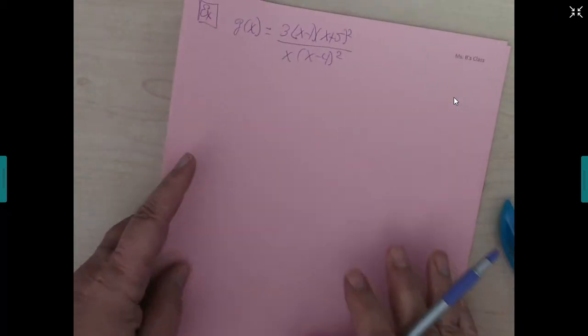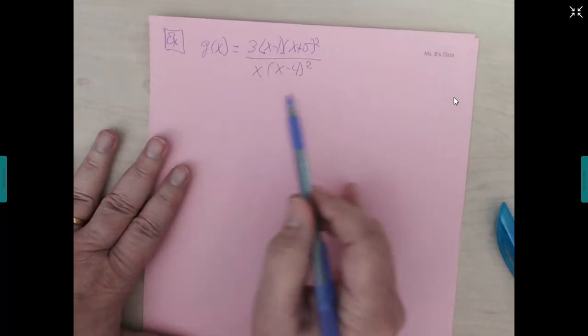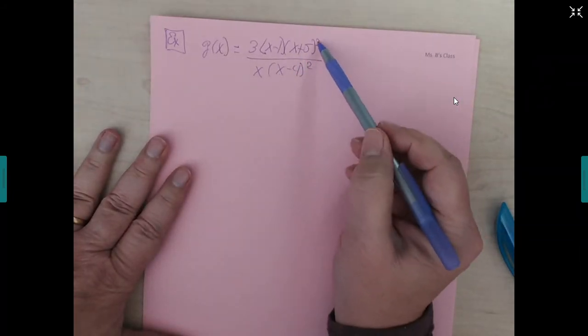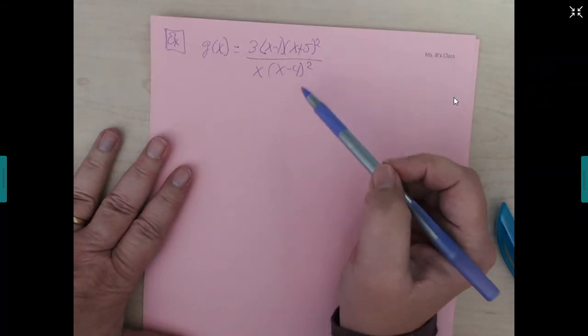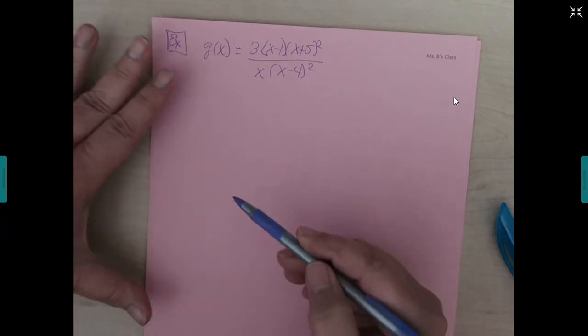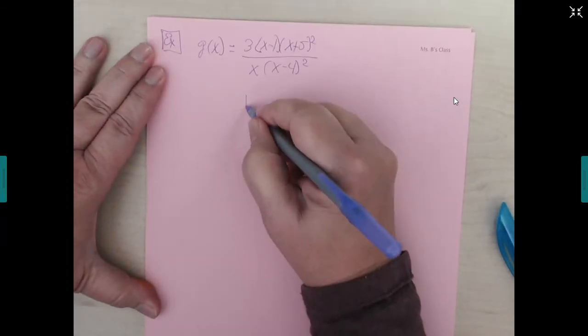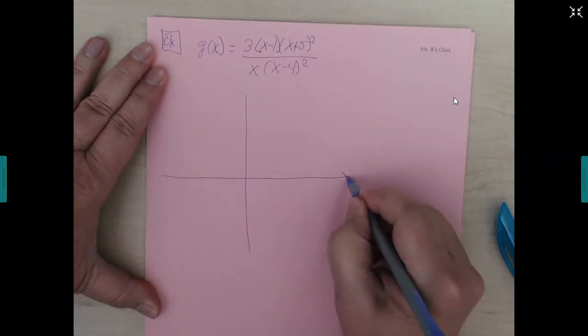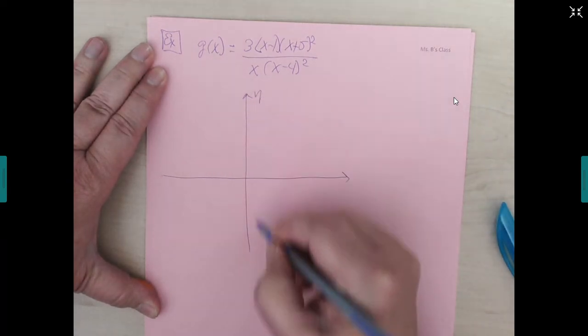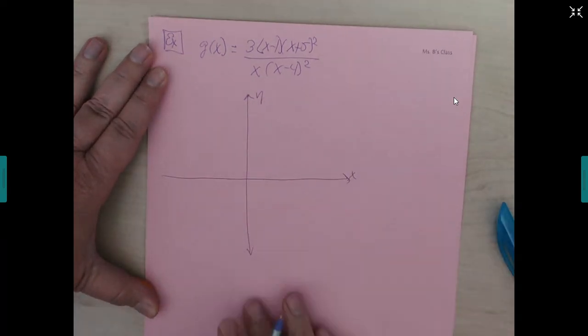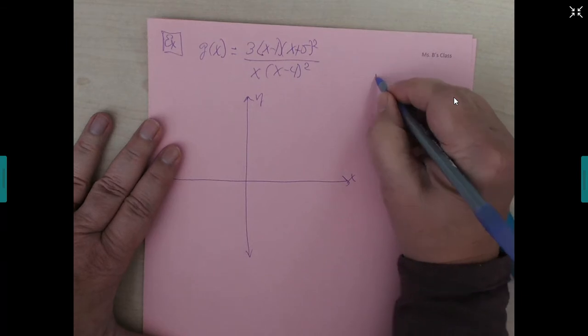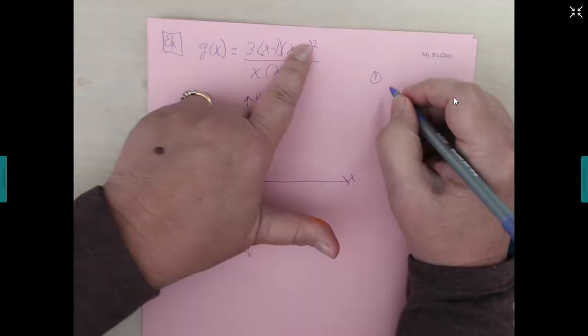Okay. So again, here is our function. This one, we have some bounce going on in there. So first of all, let's draw an x and a y axis. First step, x-intercepts.